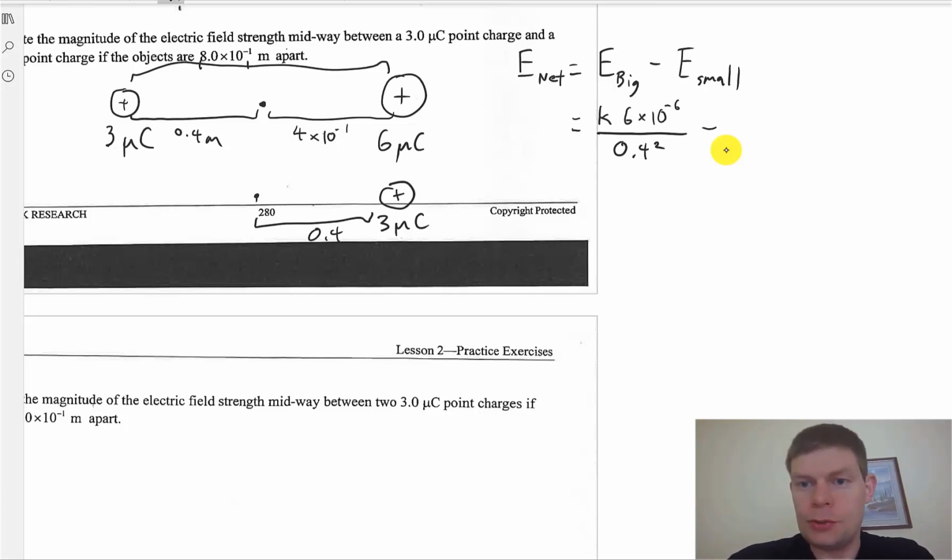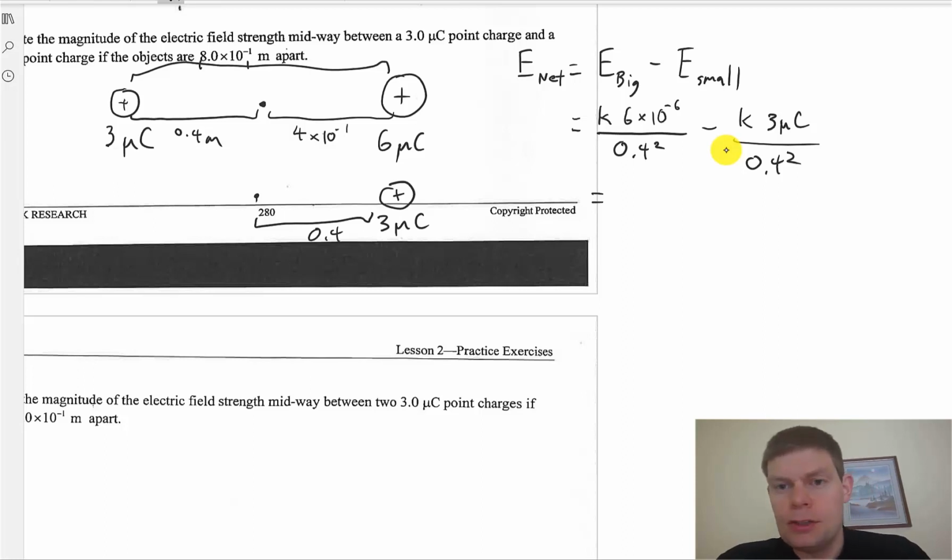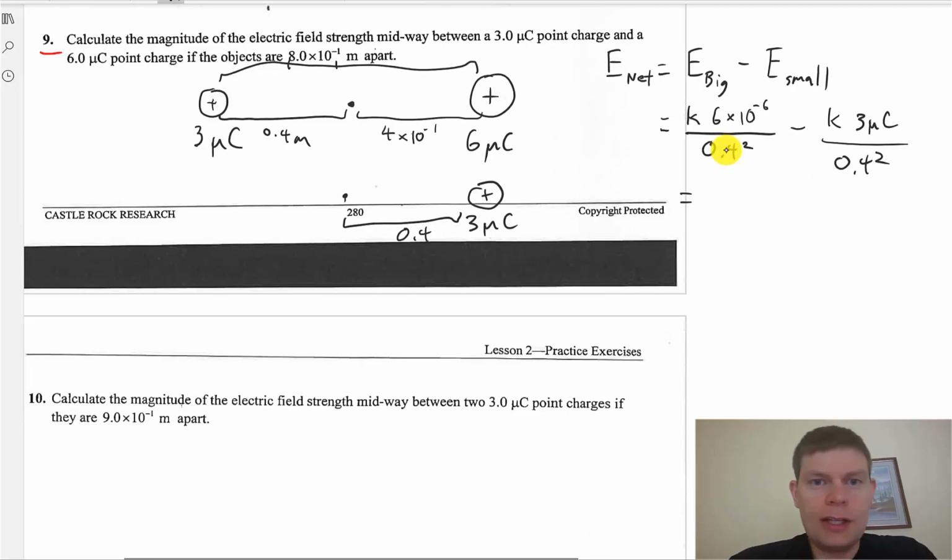And then we will also subtract k times 3 microcoulombs over 0.4 squared. And if you think about it, the results of this will end up being the same as k times 3 microcoulombs over 0.4 squared to the left. Solve that, and that's how you do that guy.